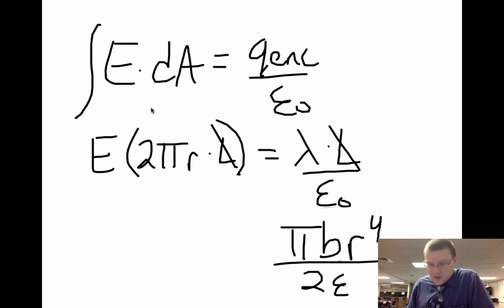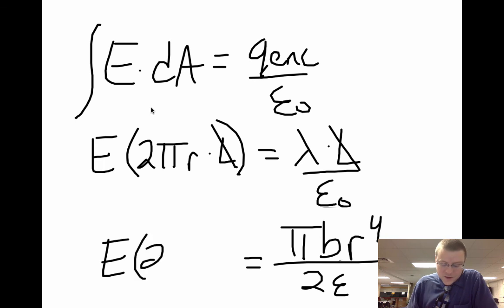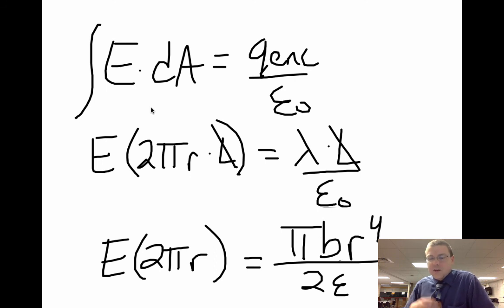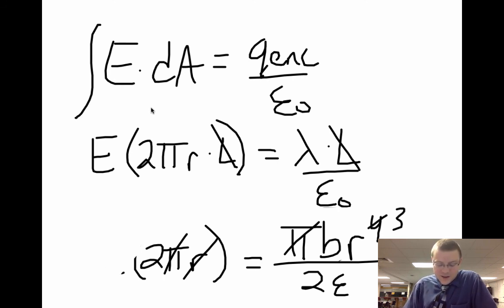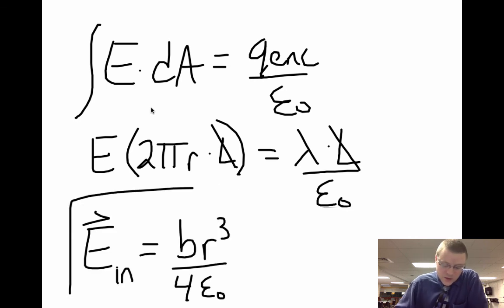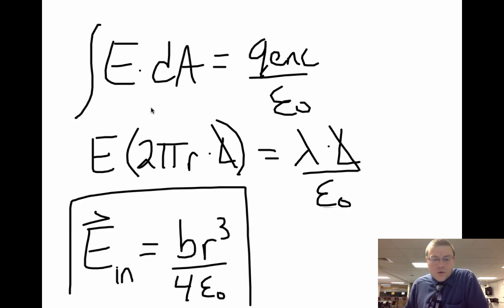And we're going to take that lambda over epsilon 0. On the other side here, I have electric field strength times 2 pi r times L. We've already eliminated the L because, remember, the L was our Gaussian surface. So things that I can eliminate will be pi's. The 2 and 2 are going to combine again and make 4. I can get rid of one of the r's and make this r cubed. So the electric field inside the cylinder is b r to the third over 4 epsilon 0.